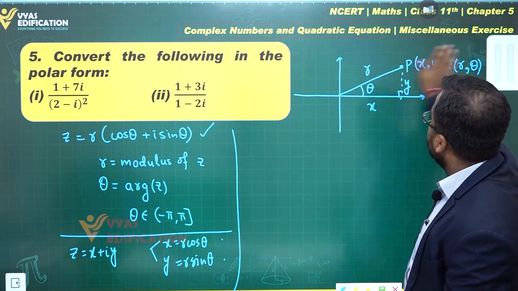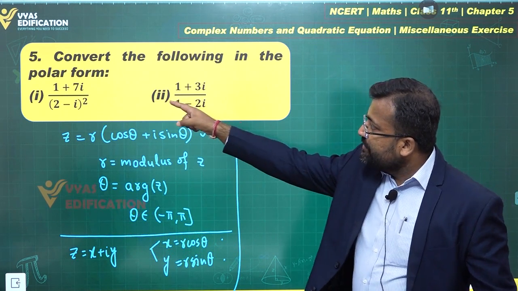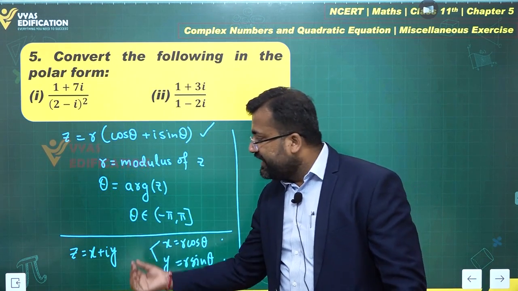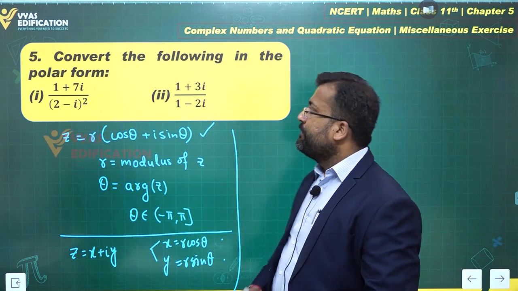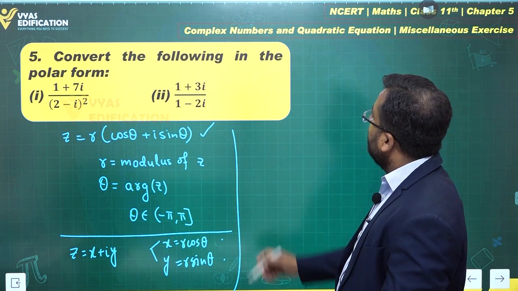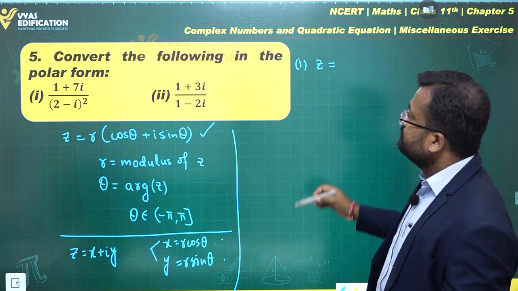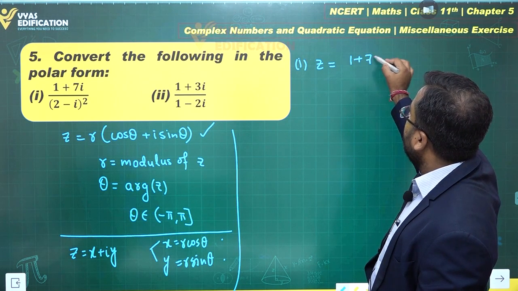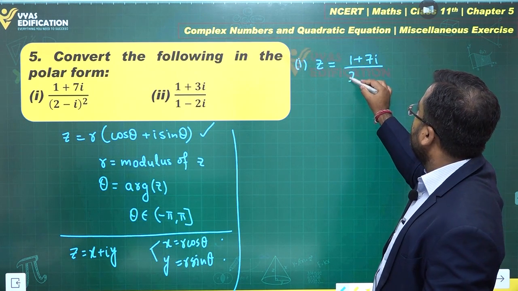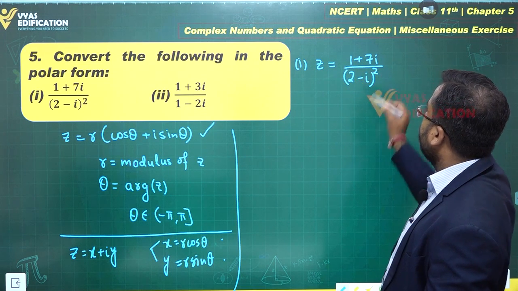So with this in mind, let's first simplify the whole thing in the Cartesian form, which is very easy. First part: z equals (1 plus 7i) over (2 minus i) whole square.